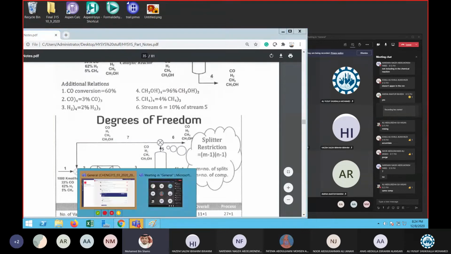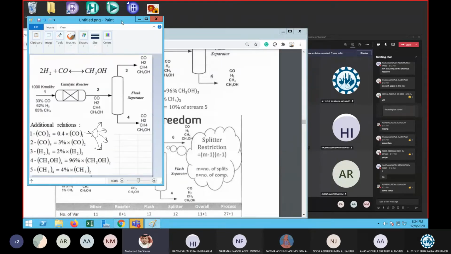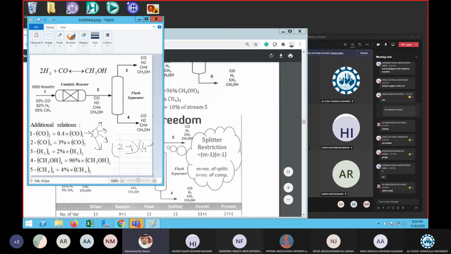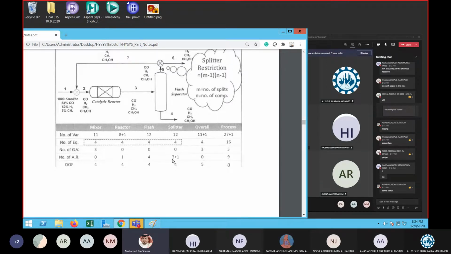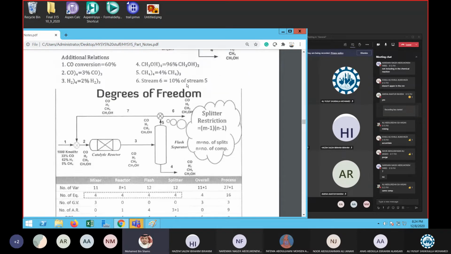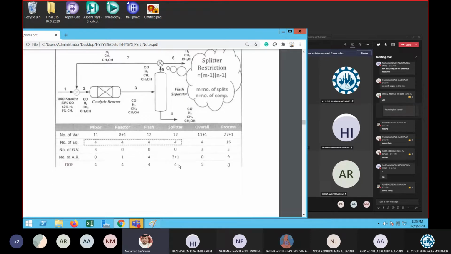In this particular problem, we have 2 splits, so M minus 1, and N is 4, because we have 4 different species, minus 1. So 2 minus 1 is 1, multiplied by 4 minus 1, which is 3. So we have 3 relations imposed by the splitter. And then we have this one, the ratio given to us. Based on this, the degree of freedom for the splitter is 4.